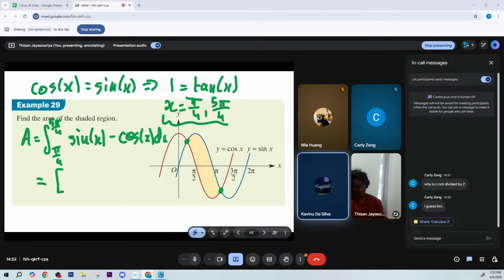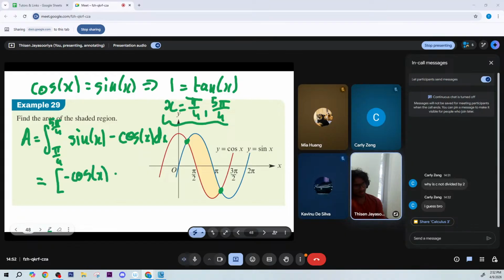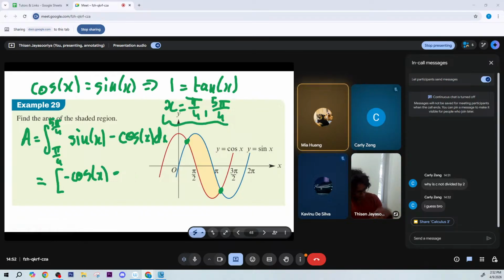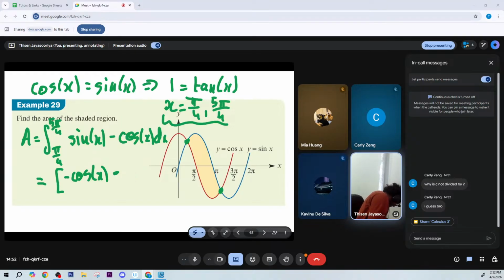Negative cos x. Yep, so it's negative cos x. And Mia, what's the derivative of cos x? Is it sine x? Yeah. There you go. Negative or.